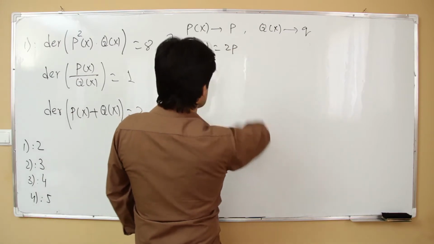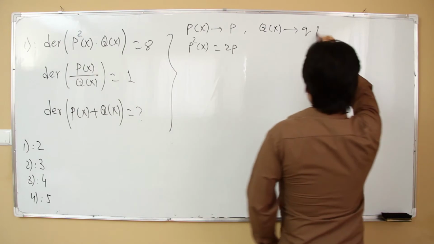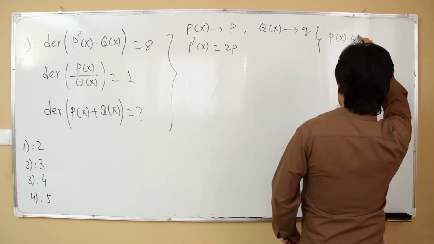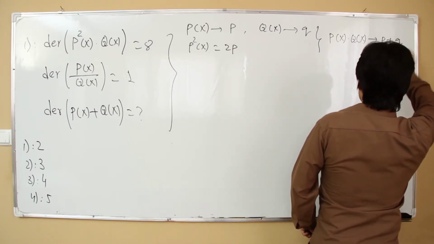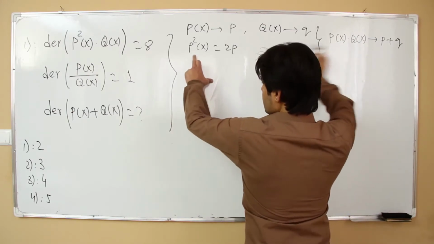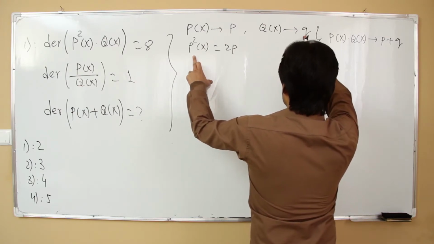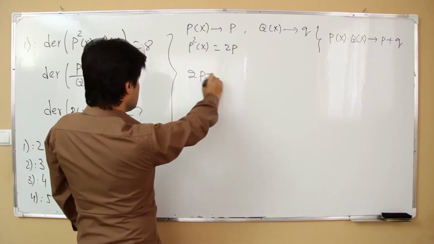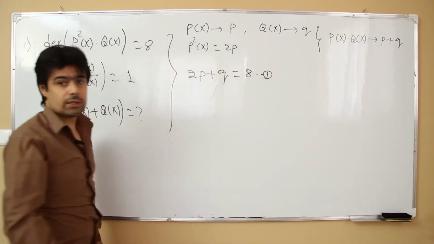It is 2p. Whenever a polynomial px is multiplied with qx, the degree is p plus q. Now it is p squared, so the degree is 2p, and qx is q. Then 2p plus q is equal to 8. This is the first equation.